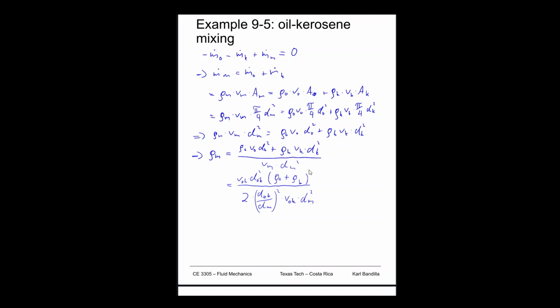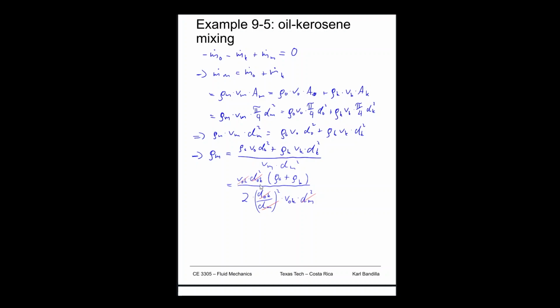All right, so let's look at this. So we're missing a 2. Right, if we add those, no, not a 2, we're not missing a 2. Let's see, what do we have? We have a dm squared and a dm squared, so those cancel out. We have a DOK and a DOK.